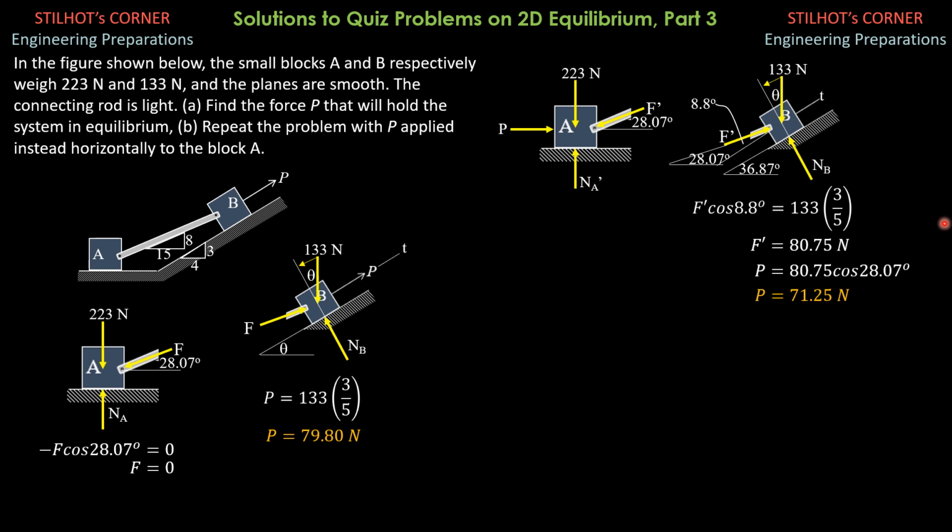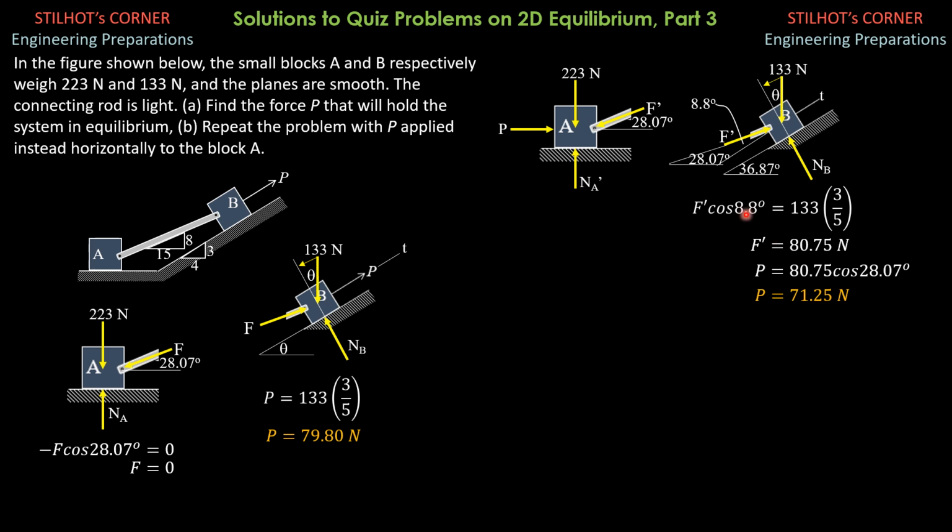Equation 2. Solve the two equations simultaneously. You will get F prime as 80.75, and NB may be any other value, but what is important is F prime. That's the important value to be considered.